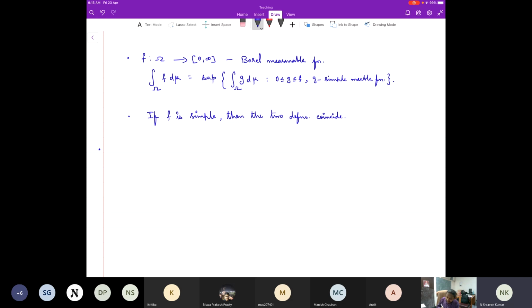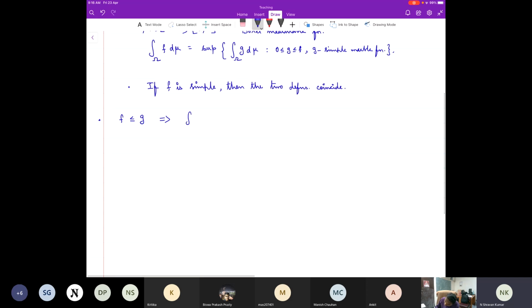First thing is that if you have two extended real valued positive Borel measurable functions, f and g, with f less than or equal to g, this implies the integral over Omega of f d mu is less than or equal to the integral over Omega of g d mu.